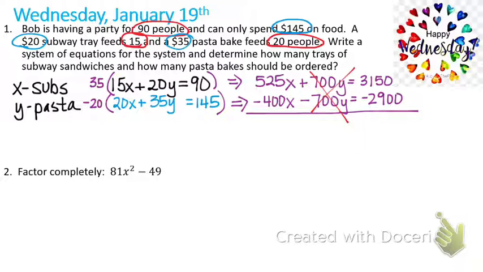525 minus 400. So we got 125x equals, and then do the same thing with this 3,150 minus 2,900.